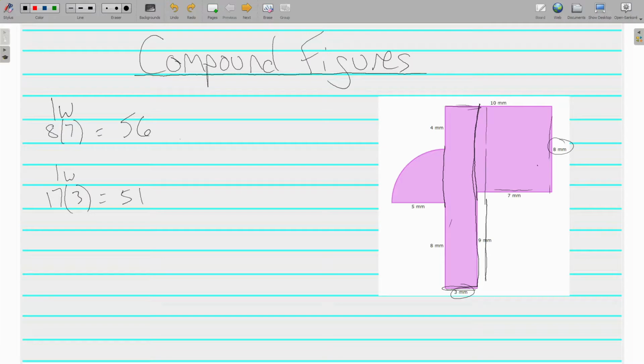And now for the quarter circle. Area of a circle is pi times radius squared. You can take that and divide it by 4, since it's just a fourth of the circle, or you can multiply it by a fourth. Multiplying by a fourth and dividing by 4 are the same thing, whichever way you want to do it.